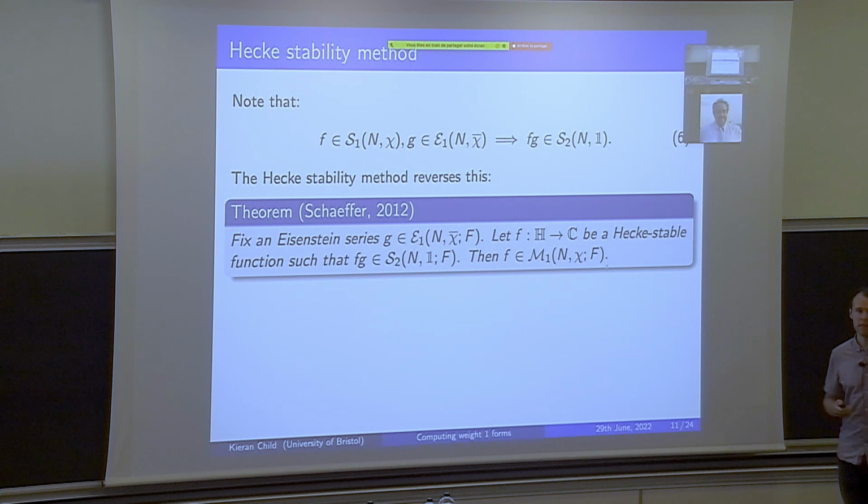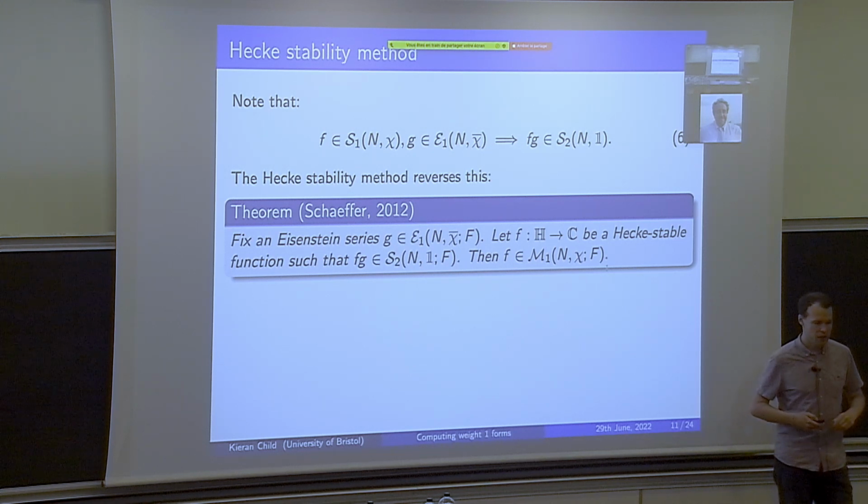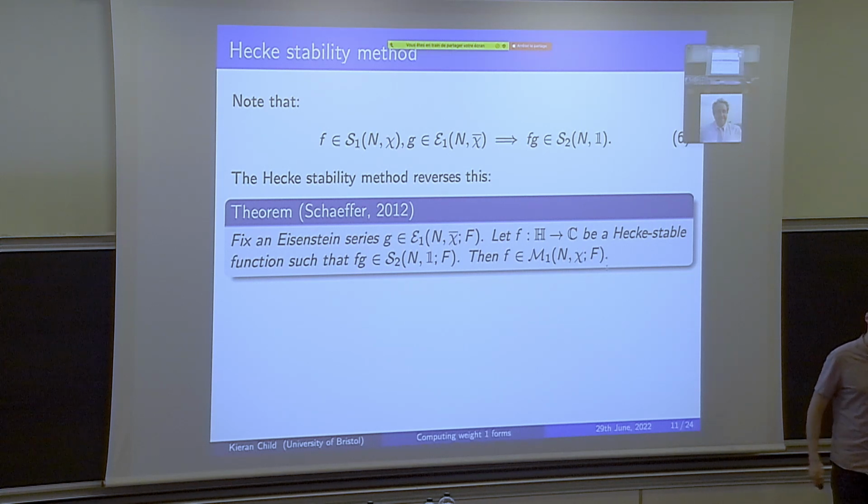And the Hecke stability just reverses it, finds a way to reverse this. So it says if you've got some Eisenstein series and you've got a form and you multiply up into this weight 2 trivial character space, but also the original function you started with was Hecke stable, then it must be a weight 1 modular form.